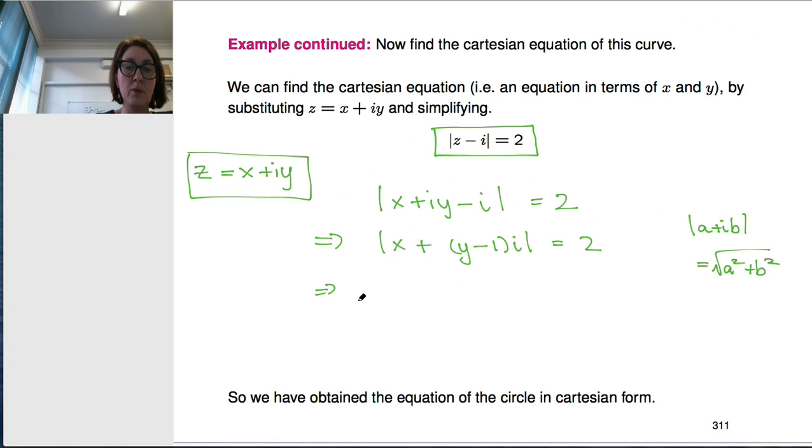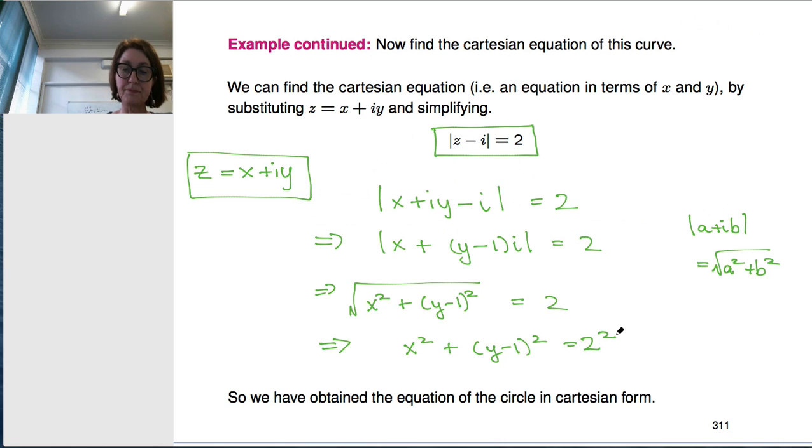So what we have here is the square root of x squared plus (y minus 1) squared equals 2. Now I'm going to square both sides, so I get x squared plus (y minus 1) squared equals 2 squared.